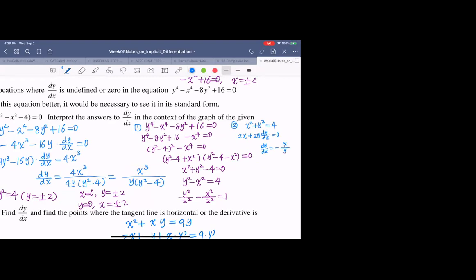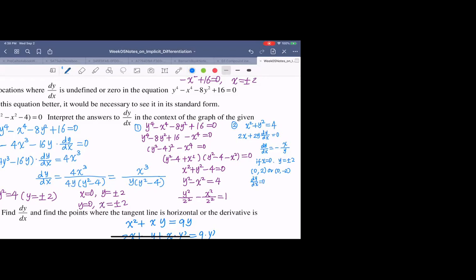Yes. So if x equals 0, then y equals how much? If x equals 0, y equals plus or minus 2, right? So 0, 2, or 0, negative 2. This is the places where dy over dx goes to 0, right?